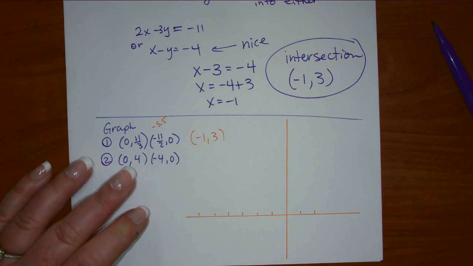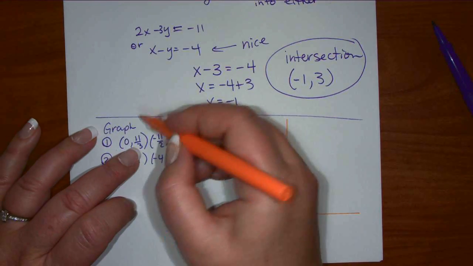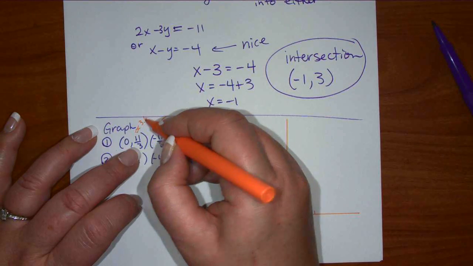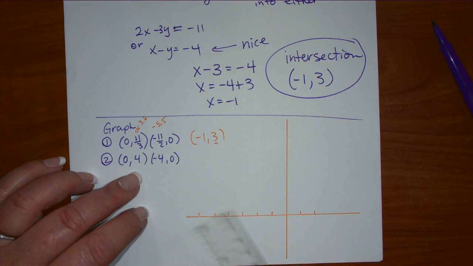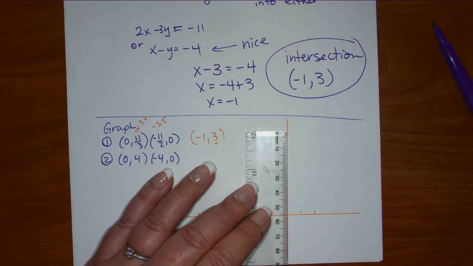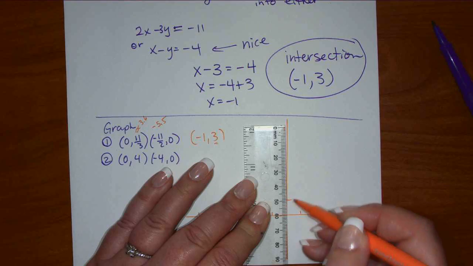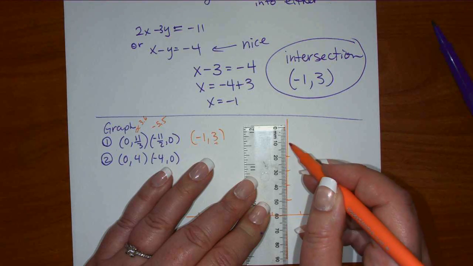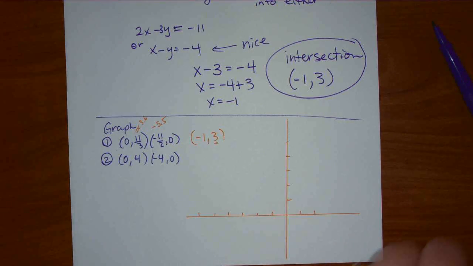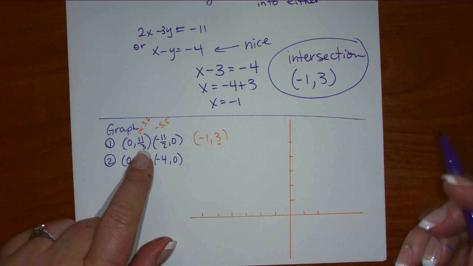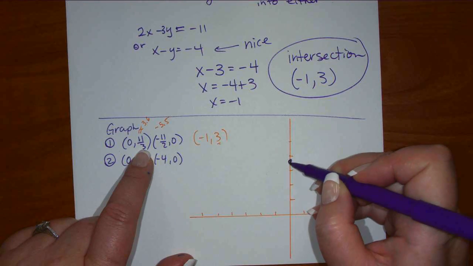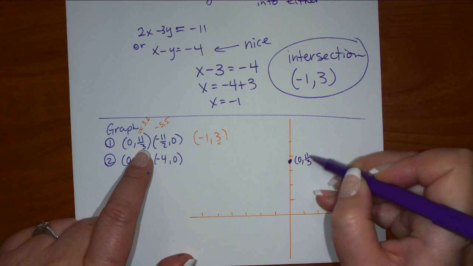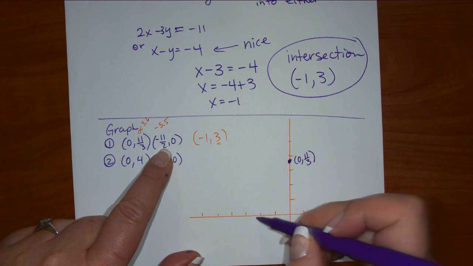And the y values, 11 over 3, we said that's around 3.6 or 3.7. We have a 4 and a 3, so let's go up to 4. Okay. So line 1, 11 over 3 is the y value, 3.6. And 1, 2, 3, 4, 5.5.